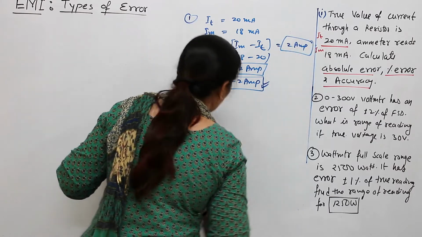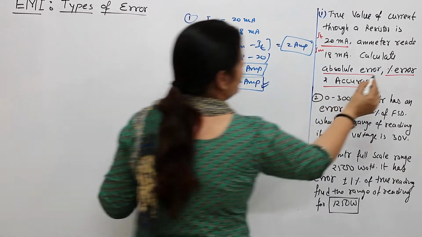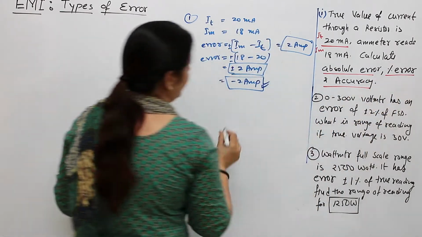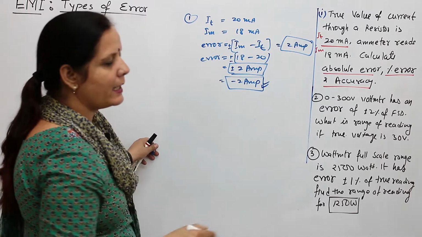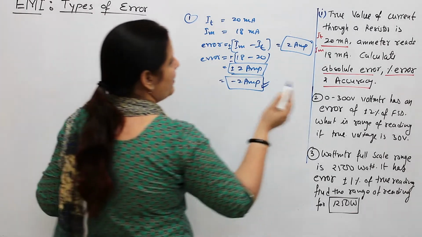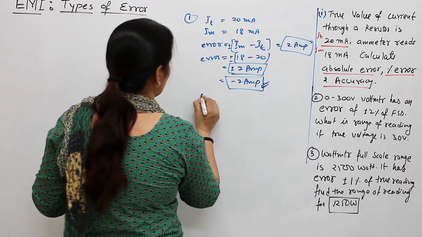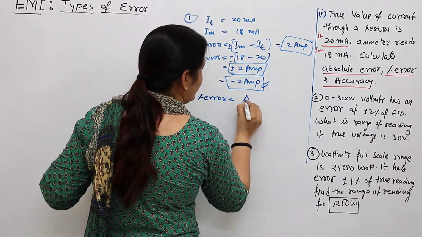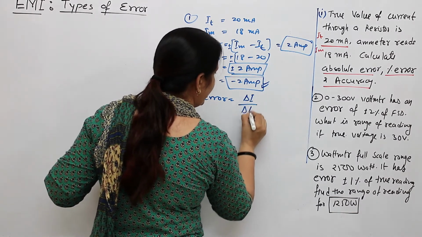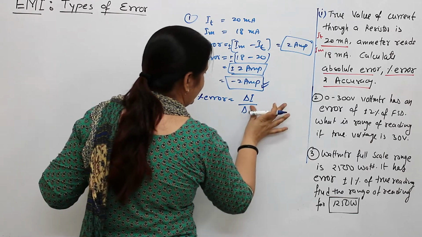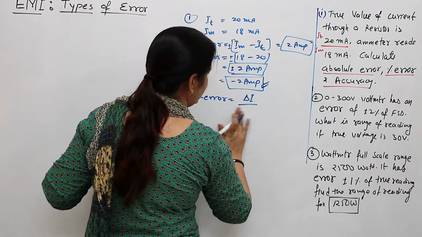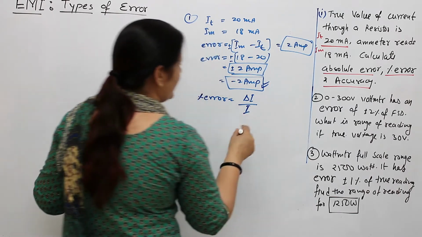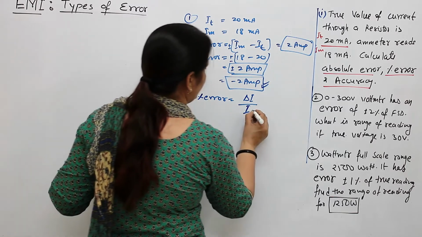Then it asks to calculate the limiting error, the percentage error. As we discussed, percentage error or limiting error is always based on the true value. So percentage error is delta I divided by IT, that is the change, fluctuation or deviation in current with respect to the true value.